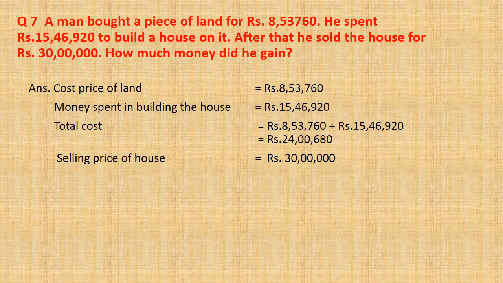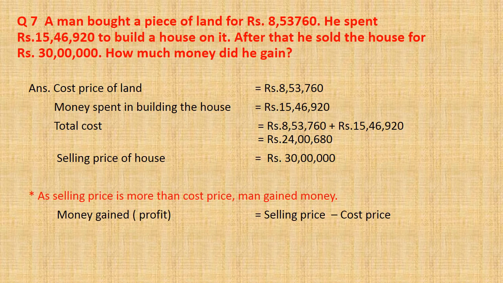That means he gained money. Now how much he gained? Money gained or profit will be calculated by subtracting cost price from selling price. So 30 lakh minus 24,680 and hence the profit will be 5,99,320. This will be the profit.